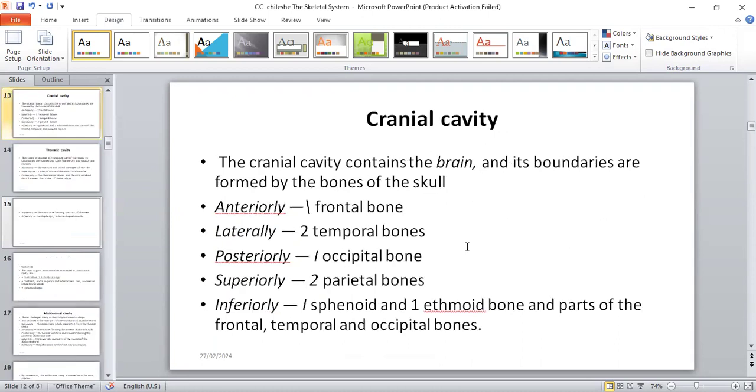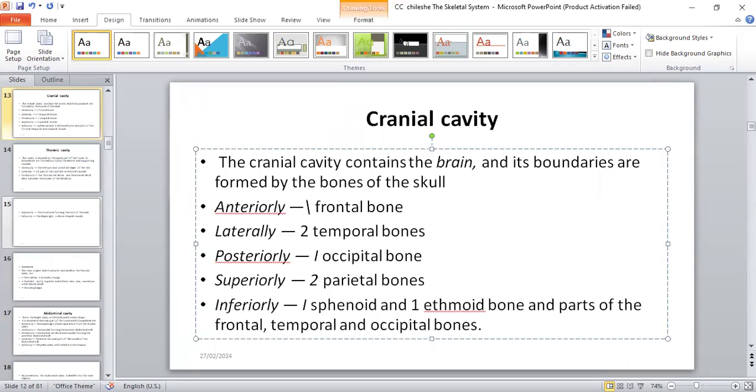The first one, the cranial cavity, contains the brain, and its boundaries are formed by the bones of the skull, which we are going to look at just now. In front, we have the frontal bone.